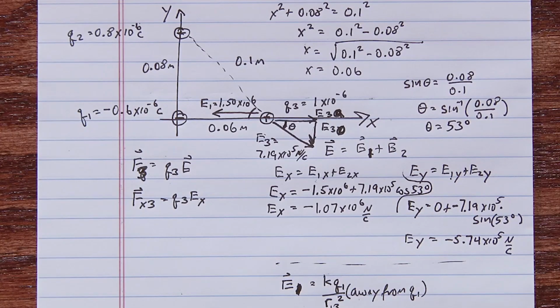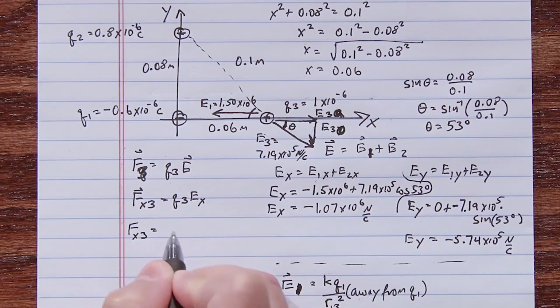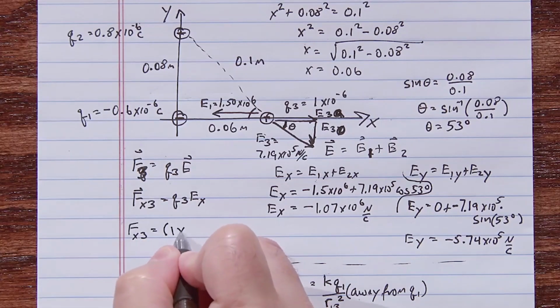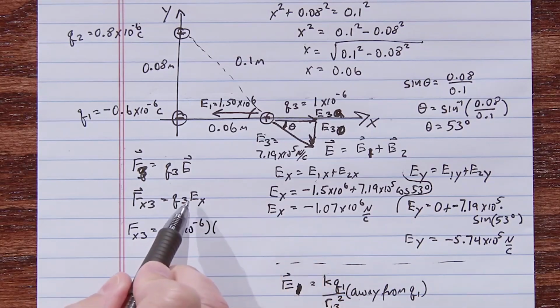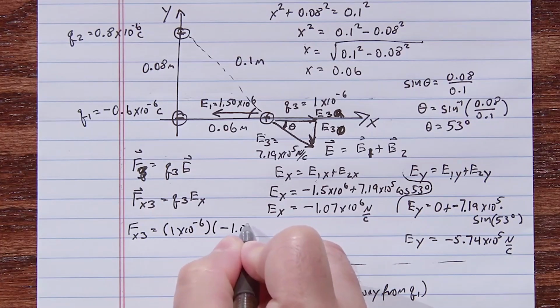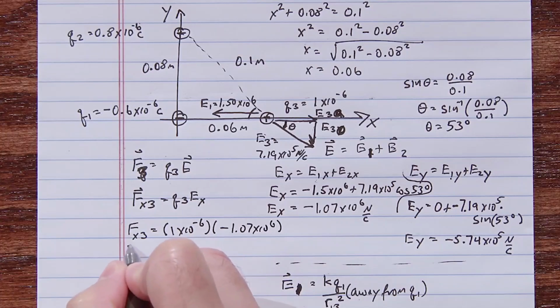So now we're finally in a position to answer what is the force in the x and y direction on charge 3. So now we're back to here. The x component of the force on charge 3 is Q3, which is 1 times 10 to the minus 6 coulombs, times Ex, negative 1.07 times 10 to the 6 newtons per coulomb.